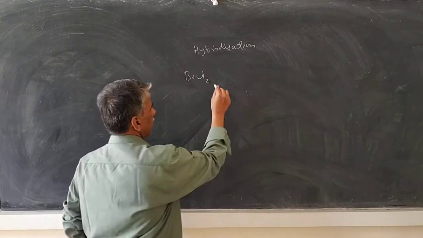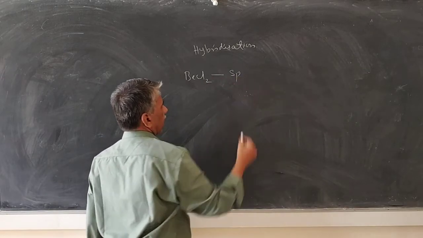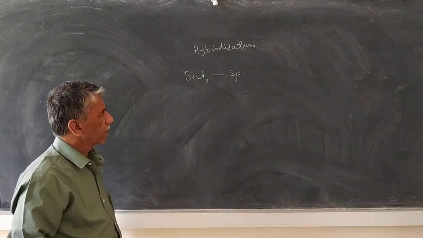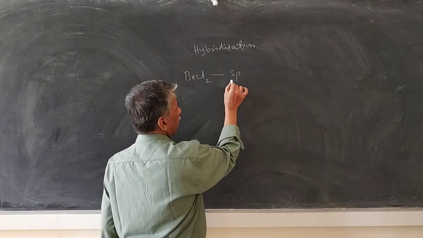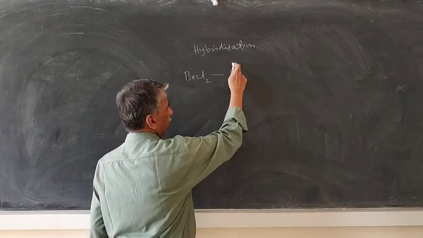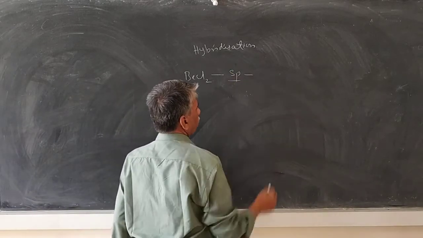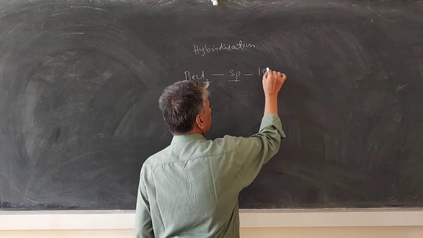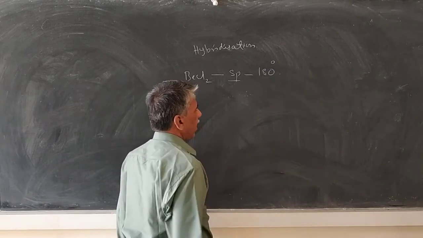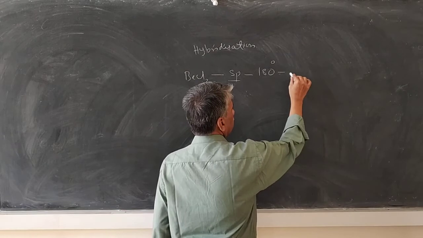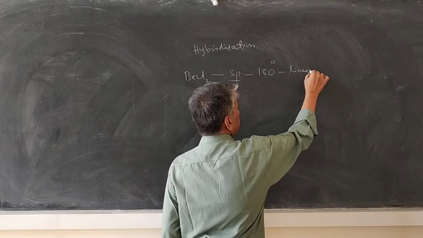So this molecule involves sp hybridization, and after doing the hybridization, the type of hybridization, we can also get its bond angle. It's 180 degrees and it is linear.